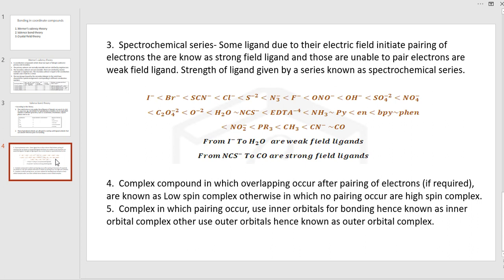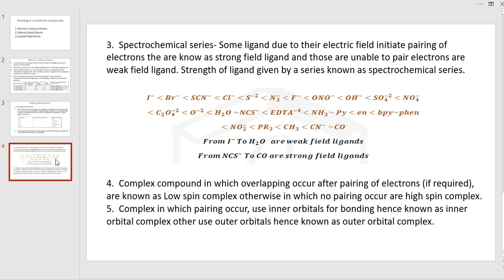On the basis of the field produced by the ligand, all the ligands are arranged in a series known as the spectrochemical series. Those that produce a strong field are known as strong field ligands, and those that produce a weak field are known as weak field ligands. As we move toward carbon monoxide, the fields are strong, and as we move toward the iodide end, the ligands become weak field.